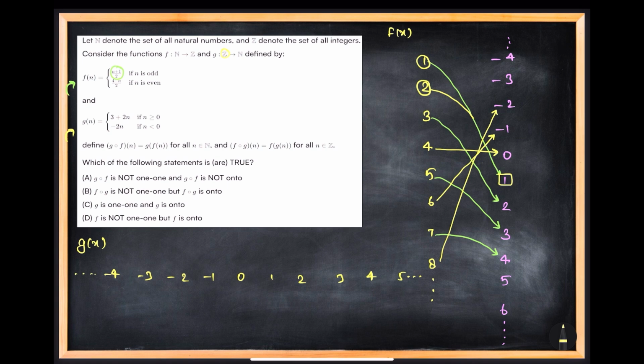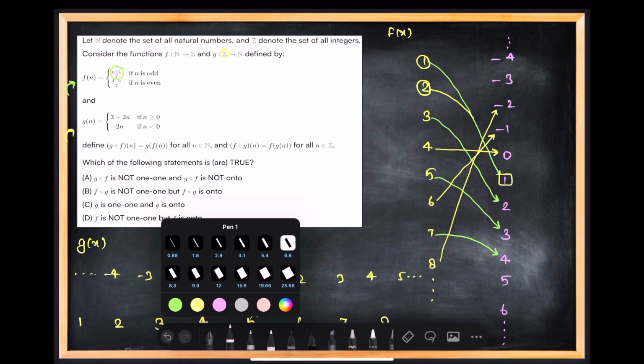Now it is connected with natural numbers: 1, 2, 3, 4, 5, 6, 7, 8, dot, dot, dot. Now we will establish the connection.